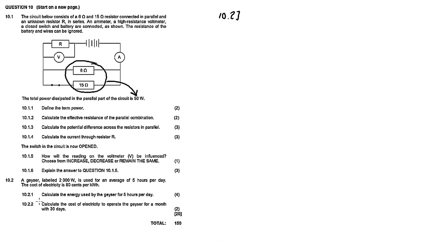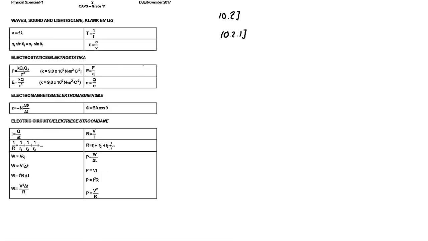Now 10.2.1, but they calculate the energy used by the geyser for 5 hours per day. So sifuna ukwazi ukuthi i-consumer energy engakanani kuqala. Let's calculate. So formula sheet, we want to know the energy. The energy is represented as W in this case. So W is equal to, I have what? Time. Let's keep it data kuqala.